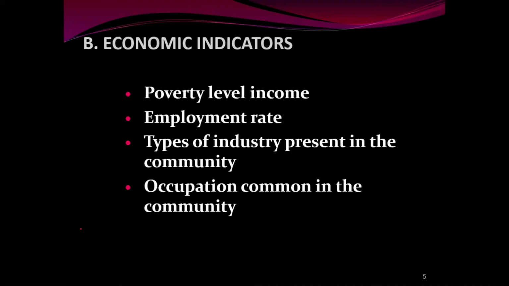So through the community analysis, we should find out the poverty-level population and the unemployment rate, also the types of industry, what problems are related to the industry, and what is the appropriate intervention to solve those problems. And the types of occupation, the common occupations in the community.